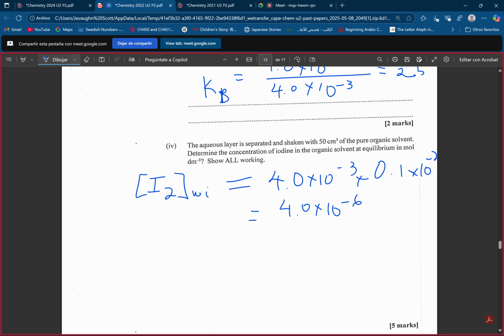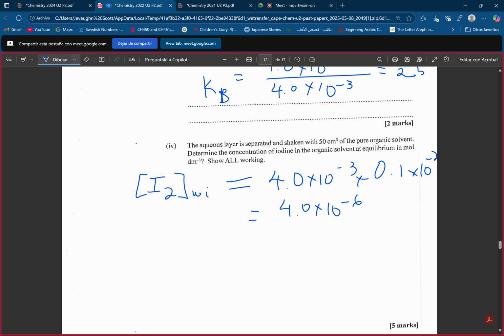Alright. So we're going to be solving for x. I'm going to see if I can build this equation first. Solve for x and find the concentration in the organic phase.